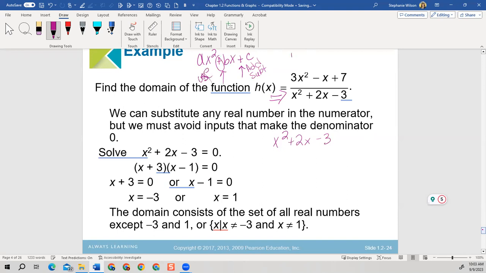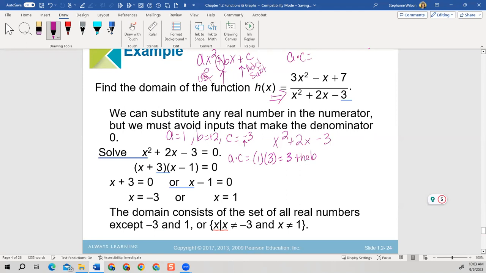So I'm going to take my A times my C that adds or subtracts to give me my B. My A here is going to be 1, my B here is a positive 2, and my C is a negative 3. So now I'm going to take my A times my C, which is 1 times 3. Now I'm not talking about the negative sign yet, which gives me 3.